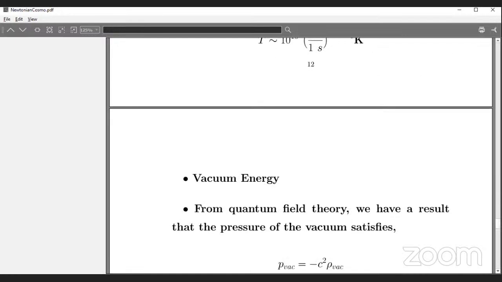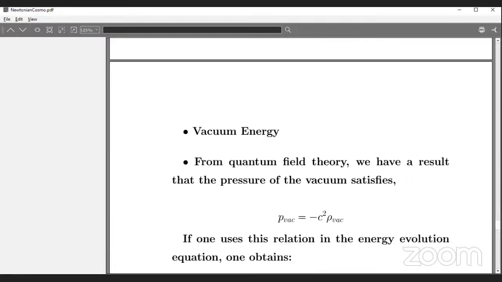I will finally talk about one application of the energy evolution equation, namely the vacuum energy. If you study quantum field theory, you will see that the vacuum, meaning the no-particle state, has energy that is not zero.